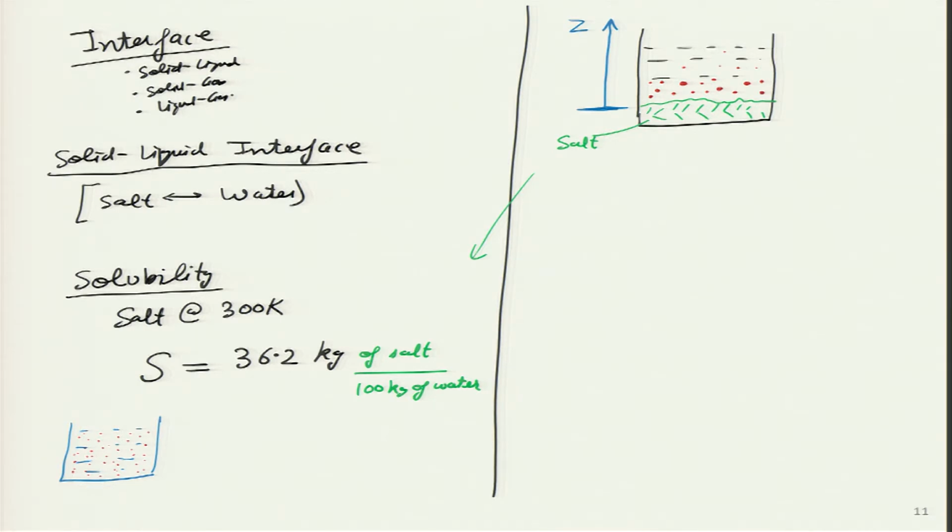So, now I can call it a mixture. Species A is the salt molecule, which is given in red color, and whatever is the blue thing which is surrounding, or the white thing, all of that is water. It should be B. B is water, and A is salt.